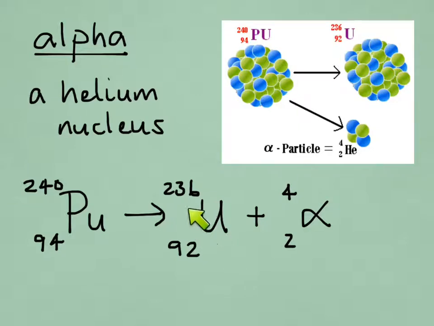And the number at the top tells you which isotope of uranium you've got. So, in summary, an important thing to remember is how to write an alpha particle in an equation. So either alpha 4-2 or He 4-2, it doesn't matter which one.